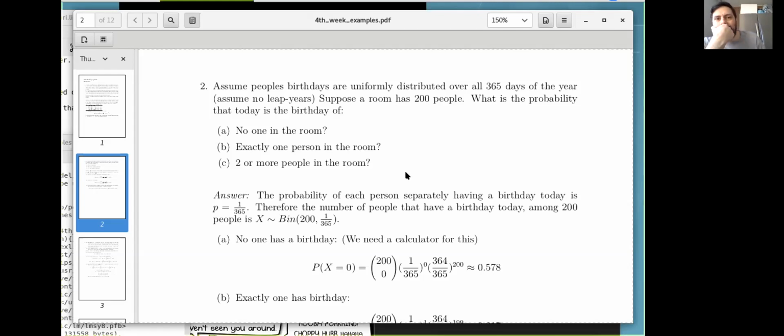0.56 people roughly have a birthday today on average. Still, it's more than that. The probability that not one of them has a birthday today is 0.578, but that's how expected values work. There's a large tail here. I mean, a very, very small probability that like 100 of these have a birthday today.